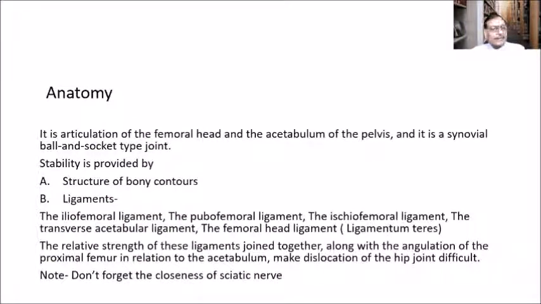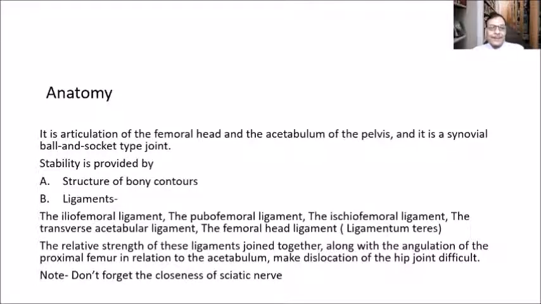Now we'll see a little bit of the anatomy because we want to see how the hip is stabilized and what are the factors contributing to the stability of the hip. So first is the articulation of the acetabulum and the head. It is a very nice stability given by the bony contours.